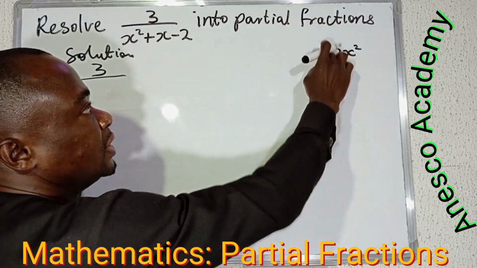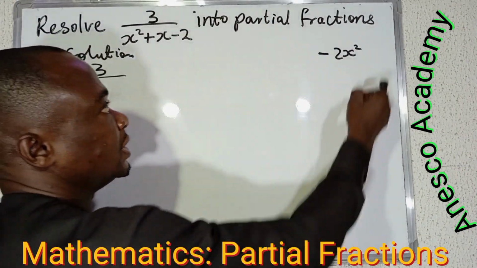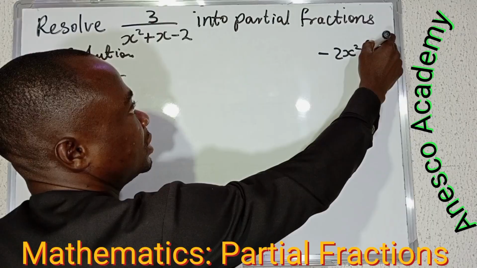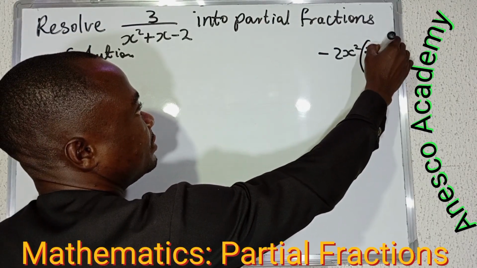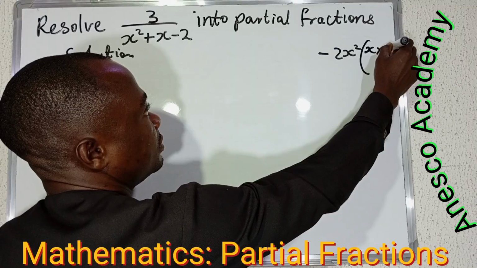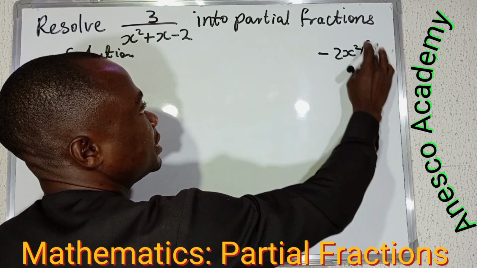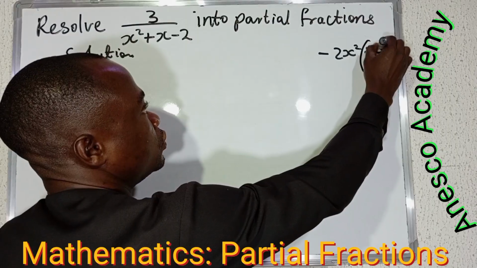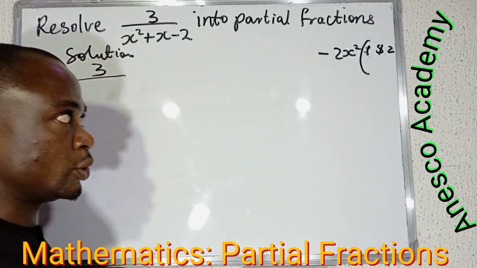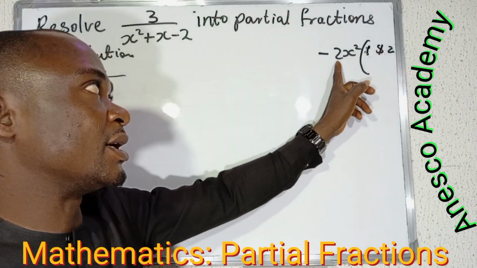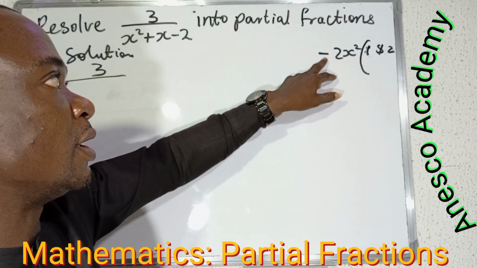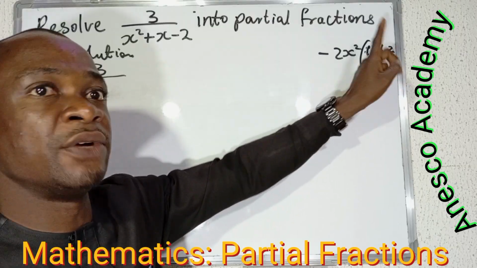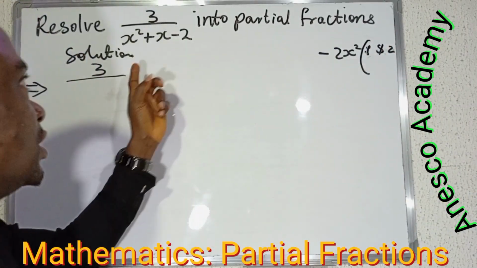For this to be negative, it means that one of them will be negative. It's x times, say, 1 and 2. When you multiply 1 times 2, that's the only thing that can give us 2. But this one is negative, so one of them will have a negative sign. Then you go back to b.